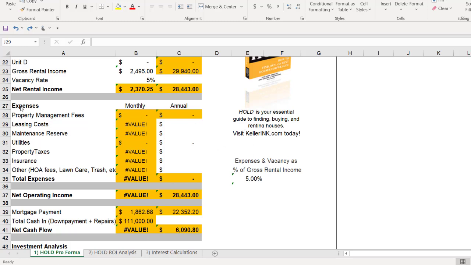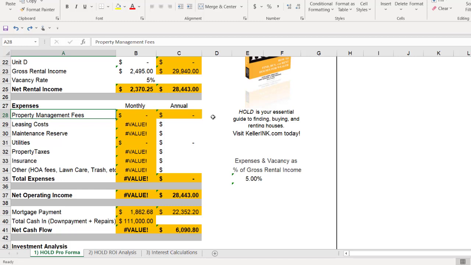What's nice about this form is it gives you an idea of the expenses to expect, like property management fees, leasing costs, maintenance reserve, utilities, property taxes, insurance, all of that good stuff. I'm going to walk you through each one real quick to give you an idea of what to expect and the information you're going to be digging for as you look at these homes.